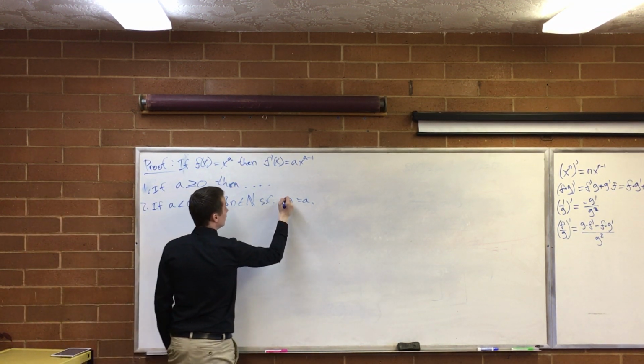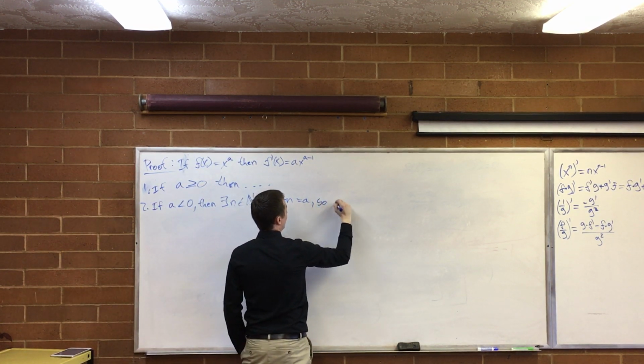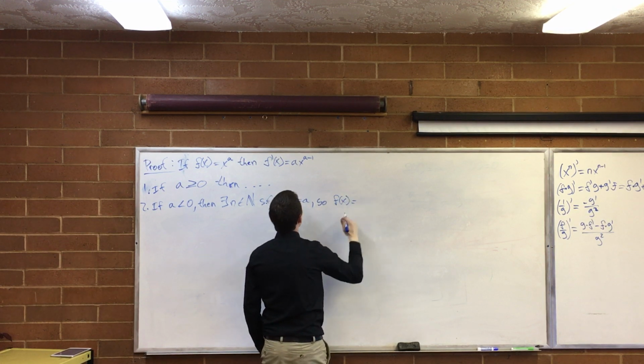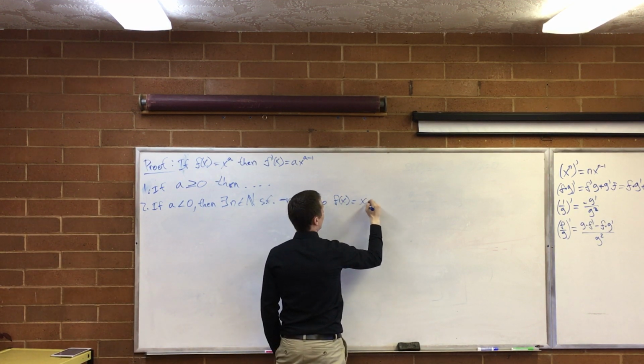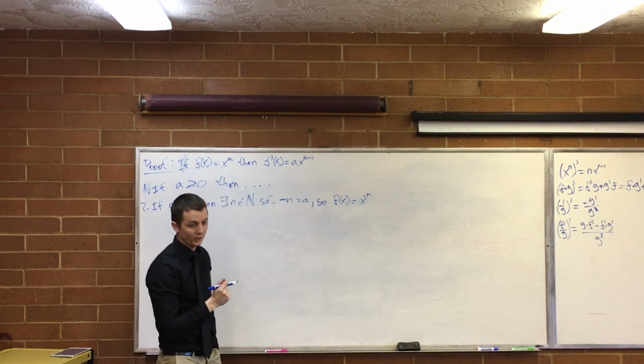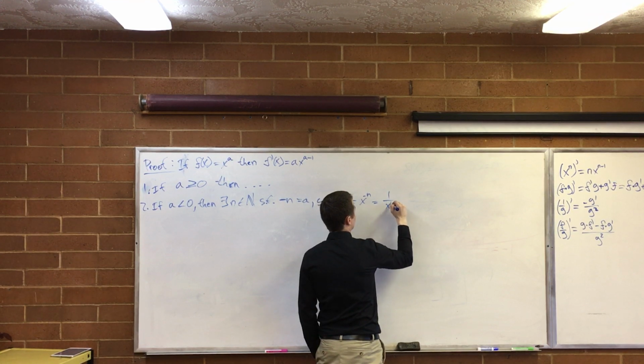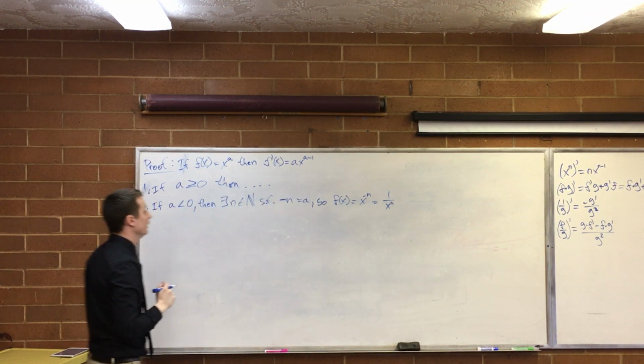So f of x we can now view as equal to x to the negative n, or x to the a. Which we also know is equal to 1 over x to the n. Okay?